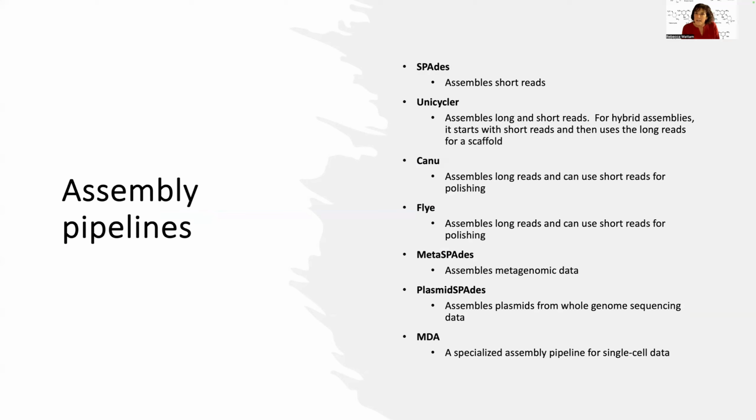SPAdes and Unicycler are primarily short read assemblers. So you can use them for your Illumina reads, either single or paired. Now, Unicycler can be used for a hybrid assembly. So what that means is if you have long and short reads, and if you can pay for that, those make beautiful genomes.